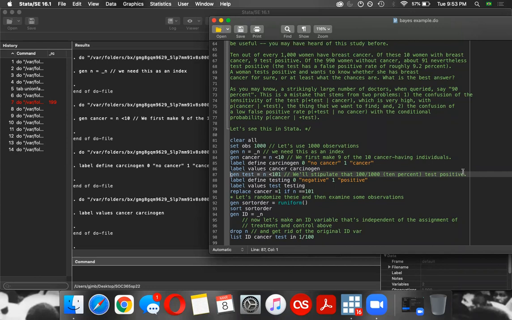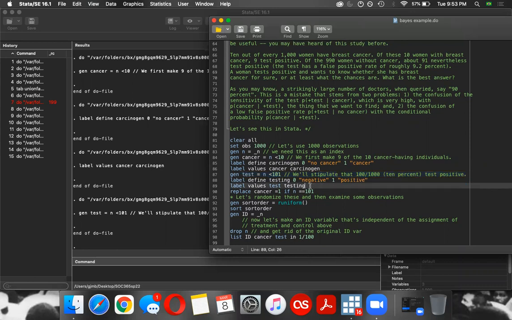That's not given by the problem, but it is something you can infer. Basically, 10% of people will test positive, which includes people who have false positives and people who have true positives. That number works out to be exactly 10%. Okay, so we're going to label the values of the test variable here as well.